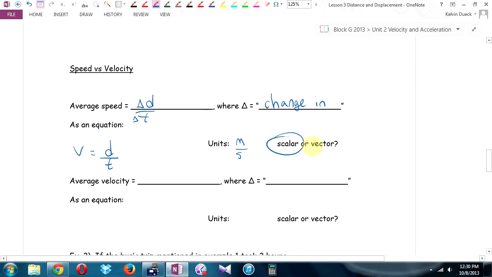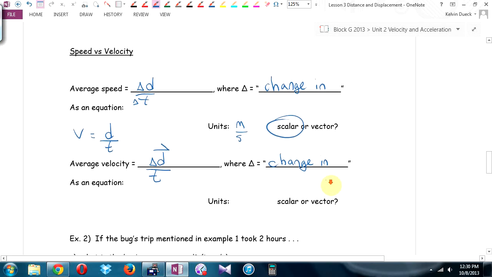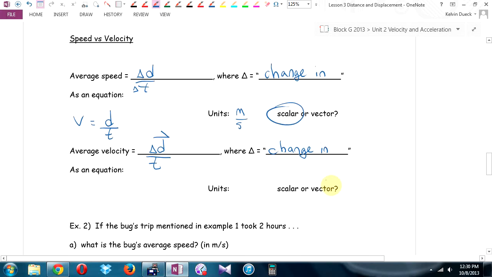Average velocity is displacement over time, where that triangle still means change in. As an equation, it's exactly the same as we've written, except that's a vector, that's a vector.